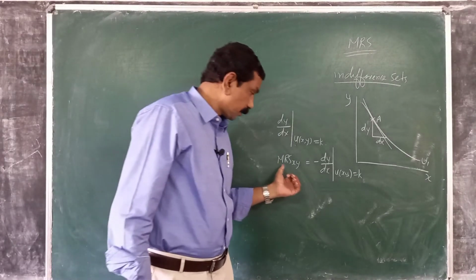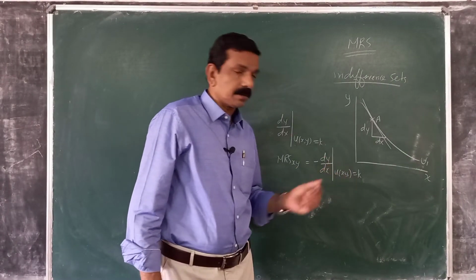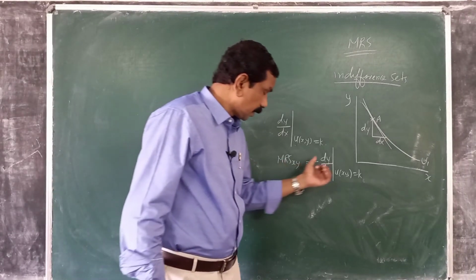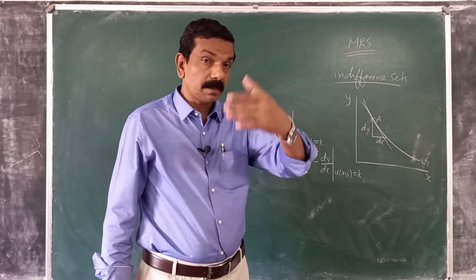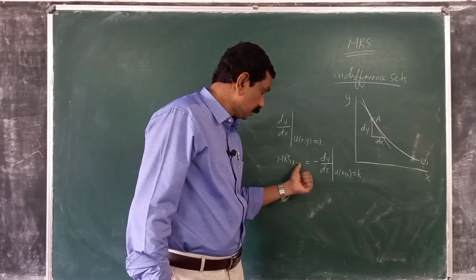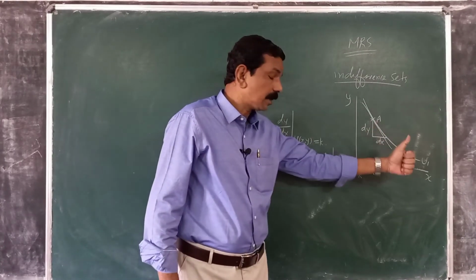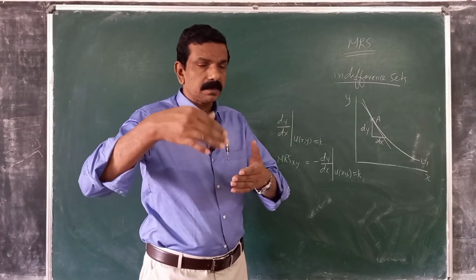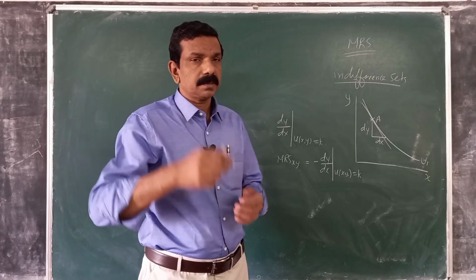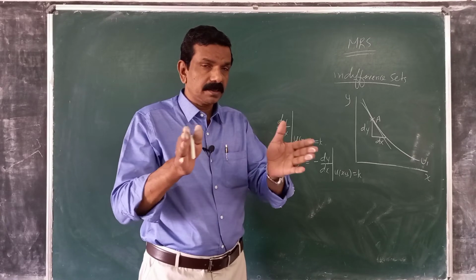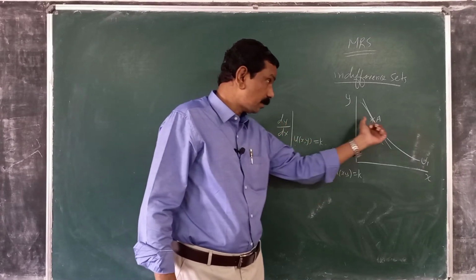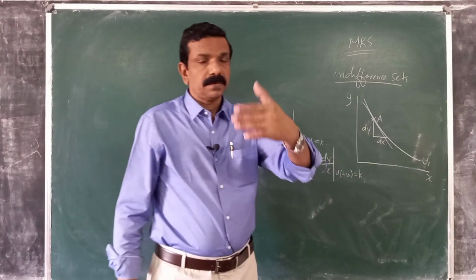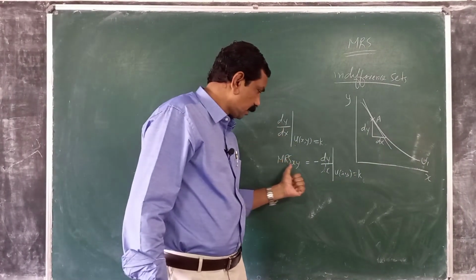So MRS xy is the negative of the slope, and I define MRS xy as the number of units of y substituted for getting one more unit of x. In different textbooks, you will see different interpretations of MRS, different ways in which MRS is defined for a movement from left to right, right to left, etc. So for consistency, I always write MRS xy.